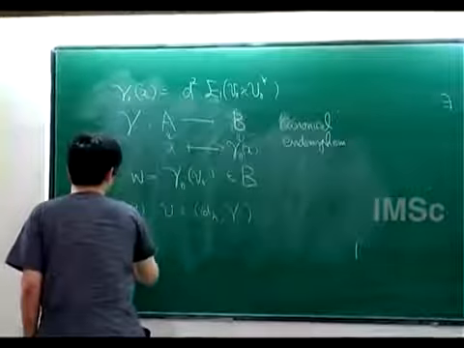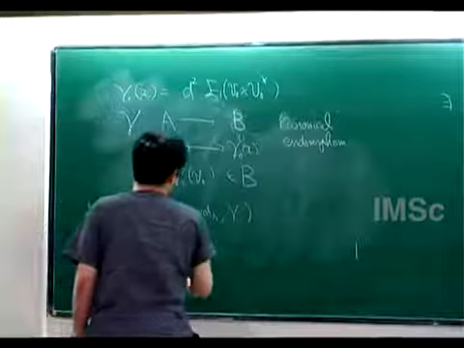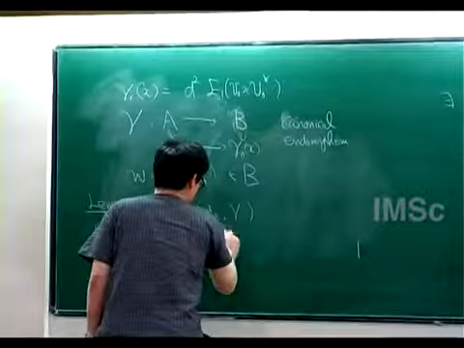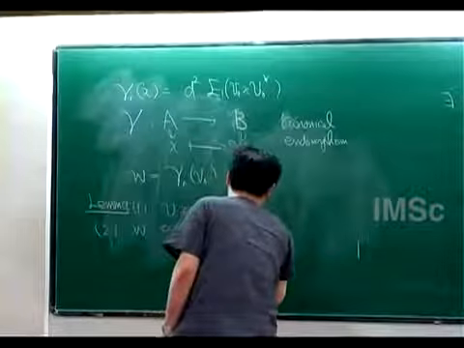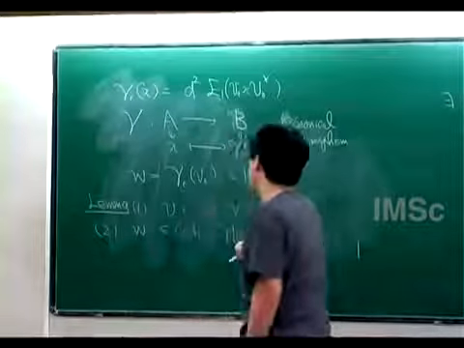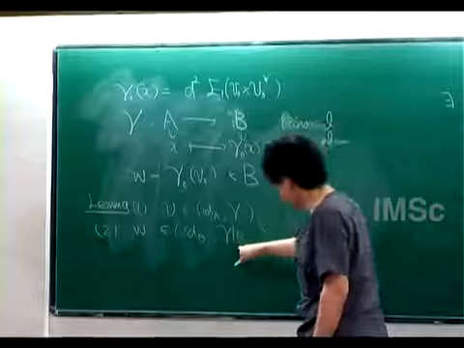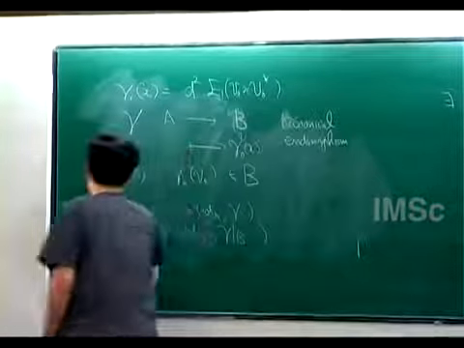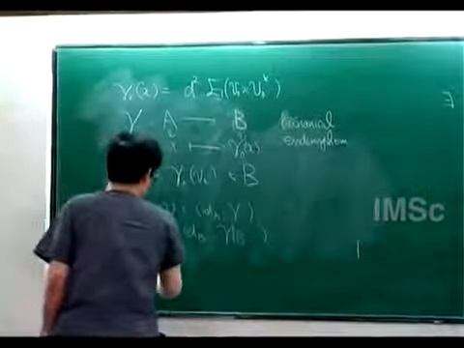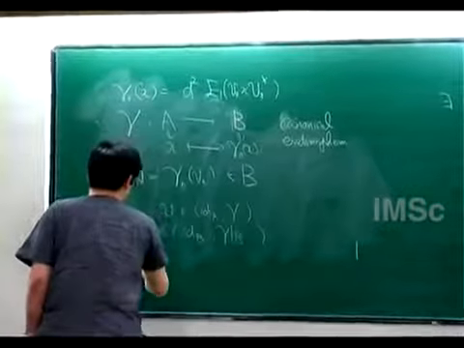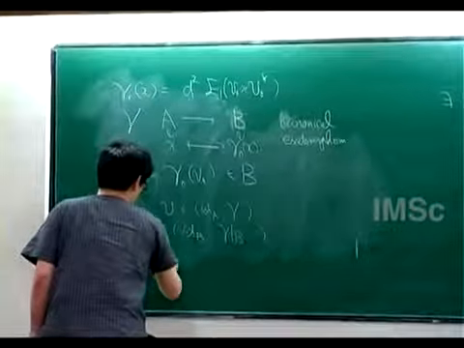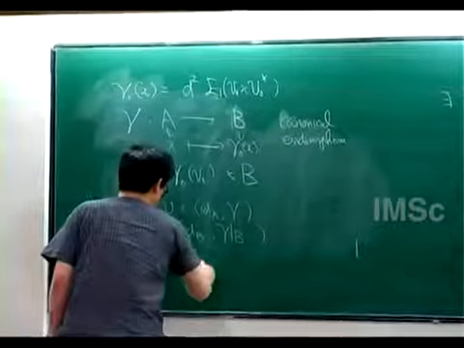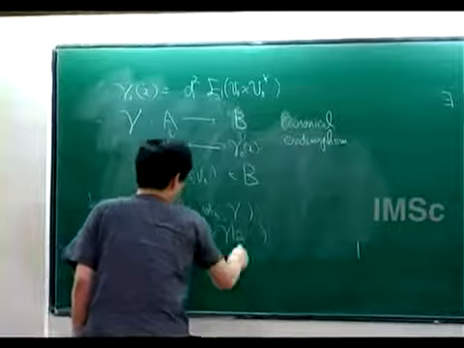Second, W is an intertwiner between the identity of B and gamma restricted to B, so this is treated as a homomorphism from B into itself. And last, we have this relation: V star gamma of W equals 1 over D.